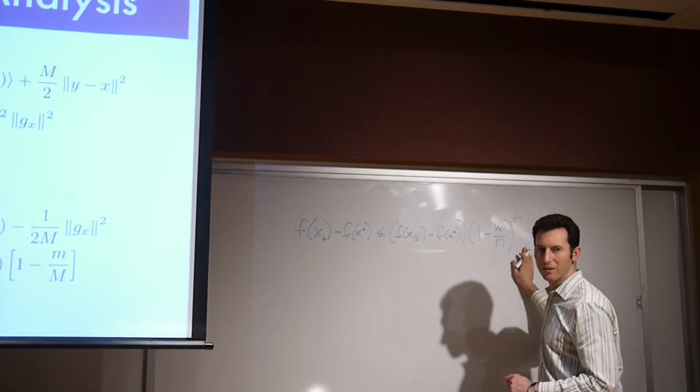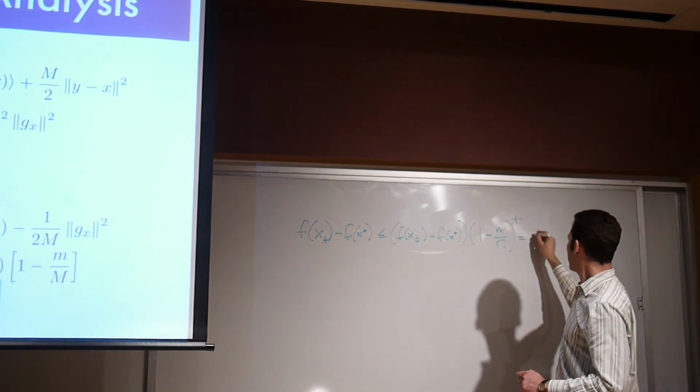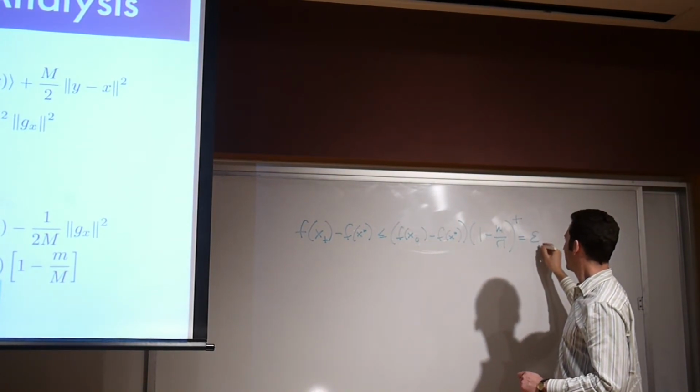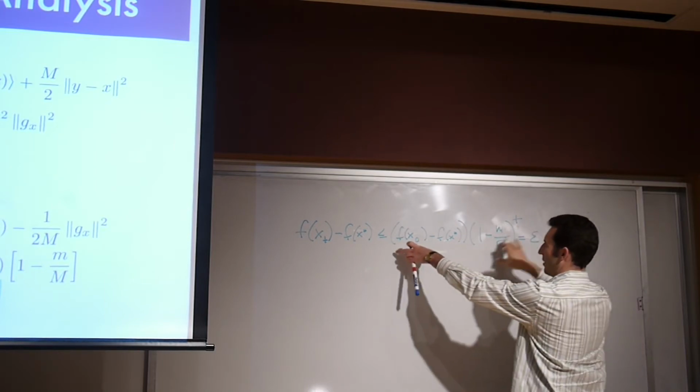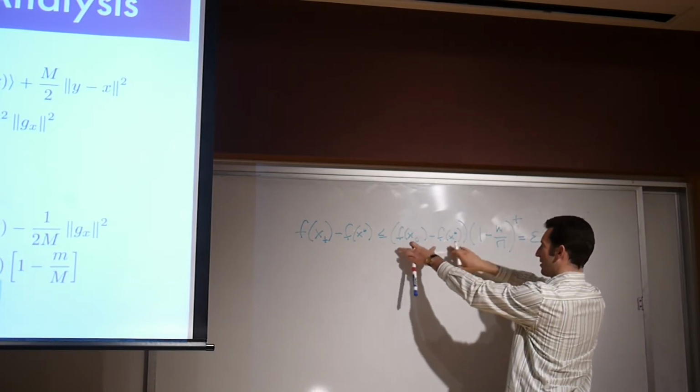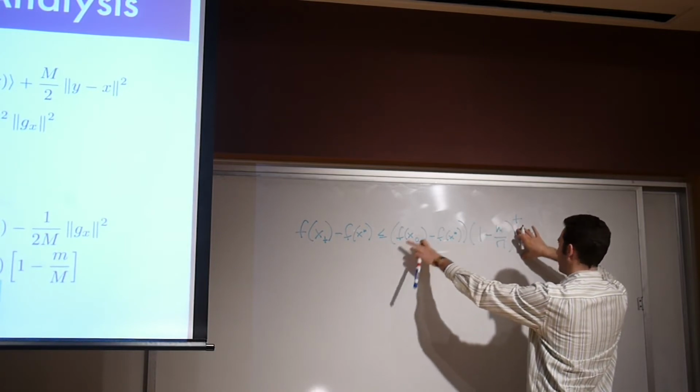Now I set that equal to epsilon. I take a log, so I get the ratio of the original distance divided by epsilon. I take a log of this and we are done.